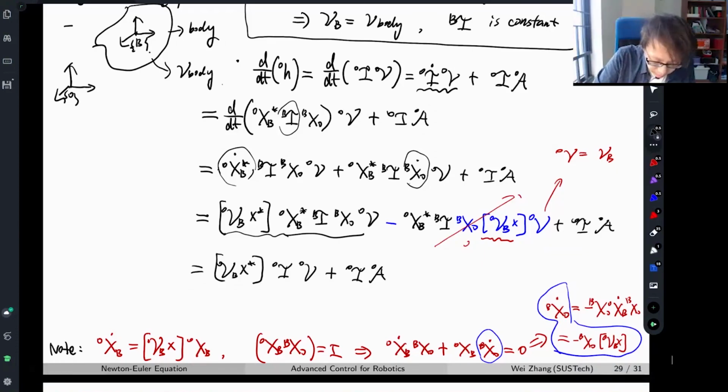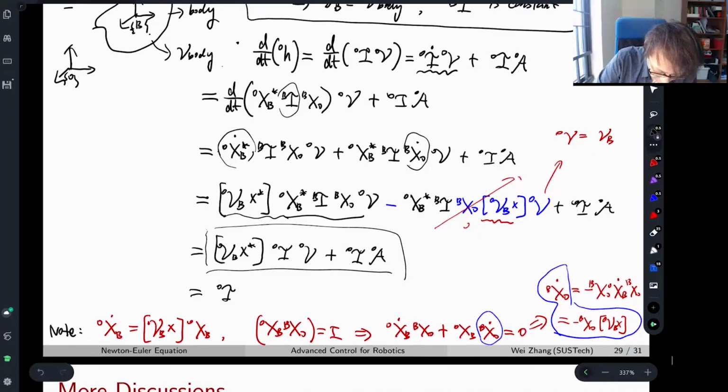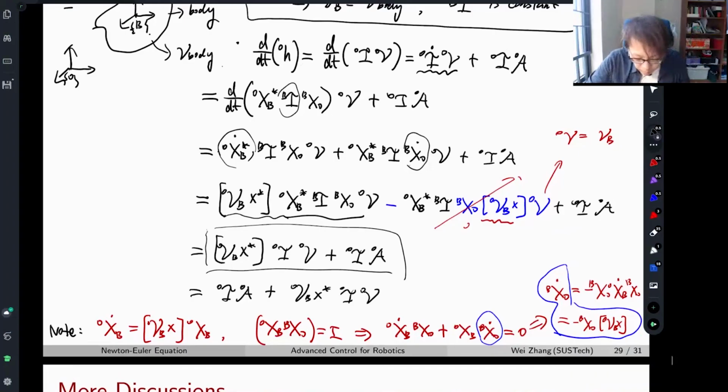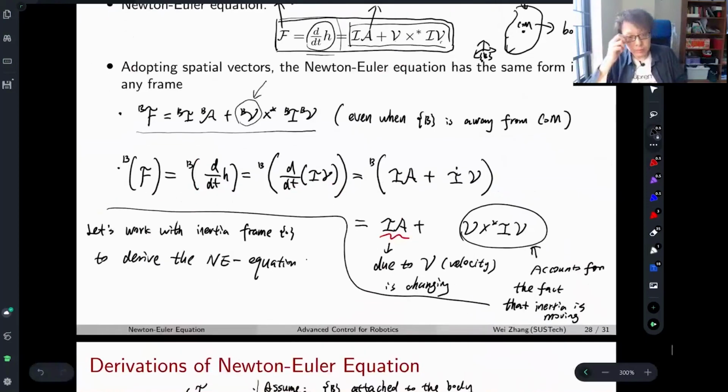That's the result. So overall, if I reorganize it, we have I_O times the spatial acceleration plus V_B cross star times I_O V_O. That's our Newton-Euler equation.